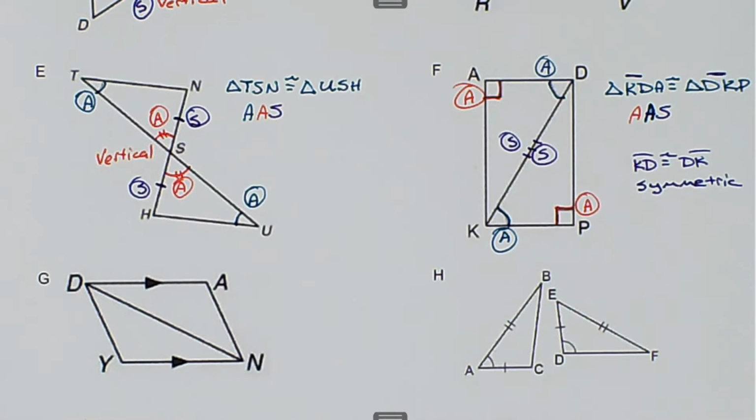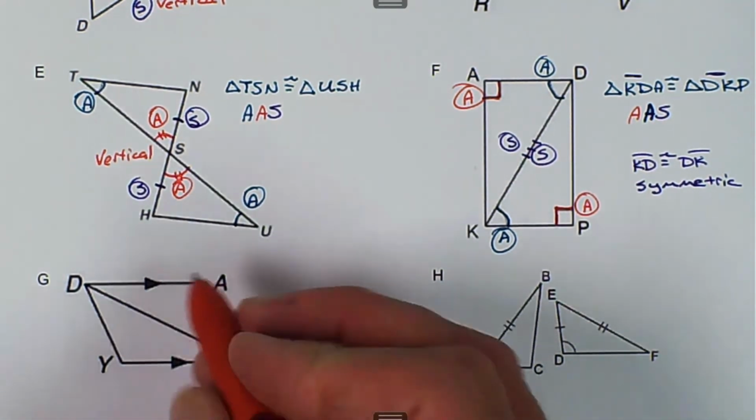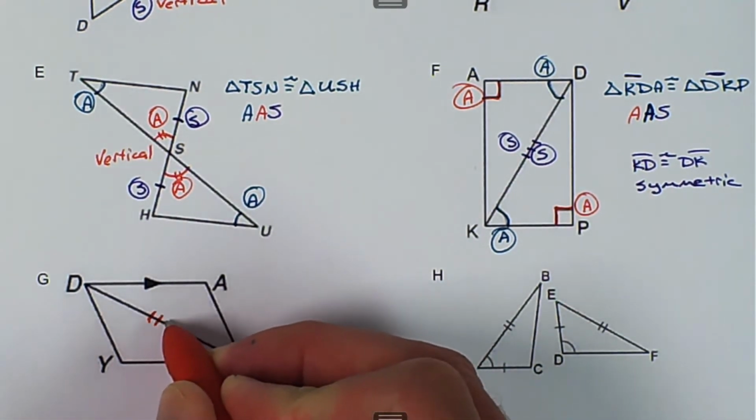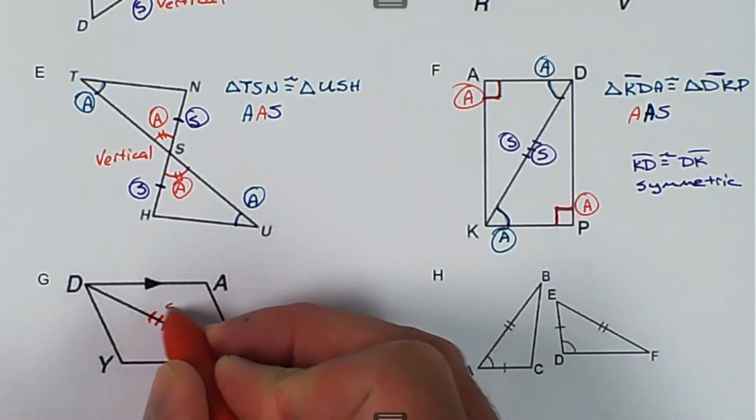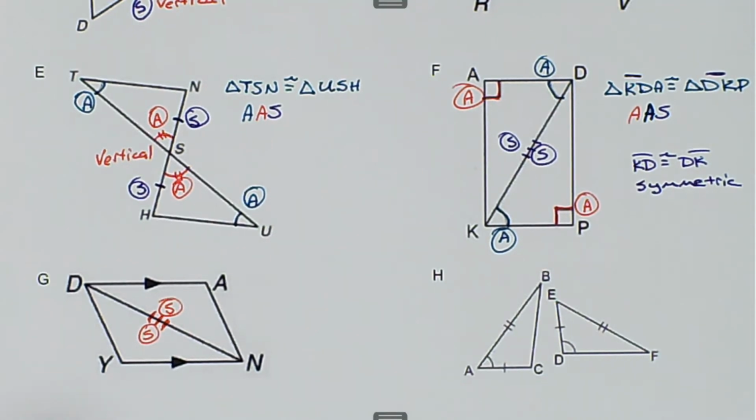Now we have example G. So some information that we're given. Again, because we're using the same side in two triangles, that marks that we have one side in both, either by reflexive or symmetric. Not sure exactly which one it is yet.